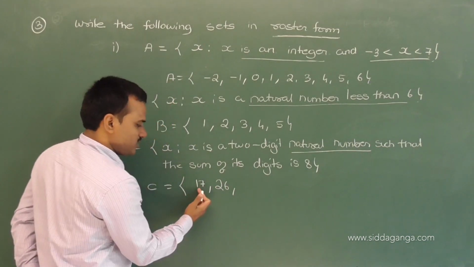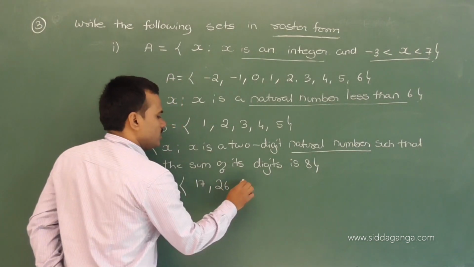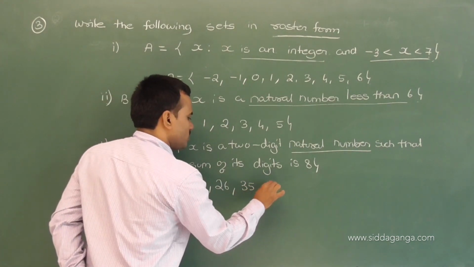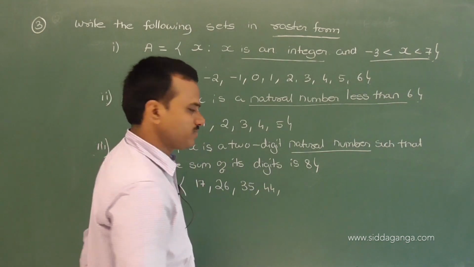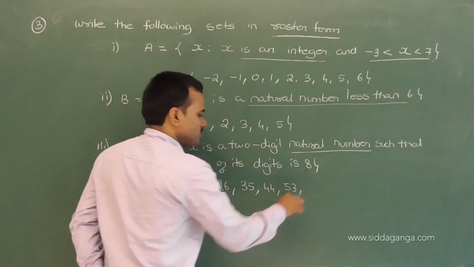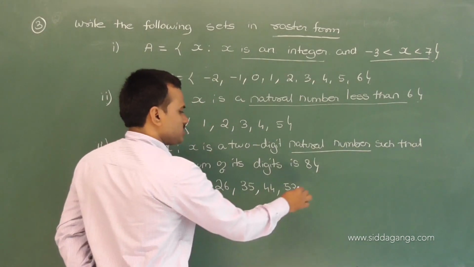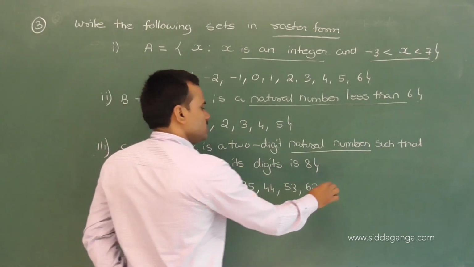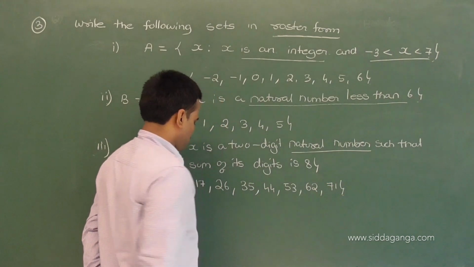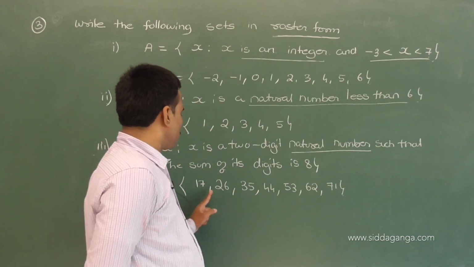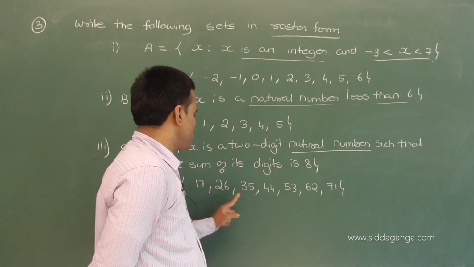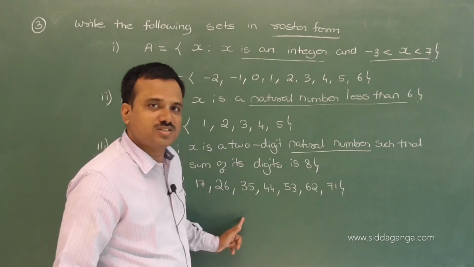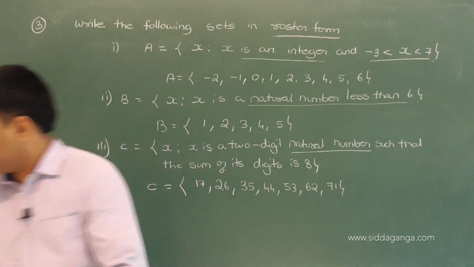So 17, 26, 35, 44, 4 plus 4 is 8, 53, next 62, 6 plus 2, next 71. If you add the two digits in each two-digit number, its sum is equal to 8. So this is the set C. Understand? Next problem.